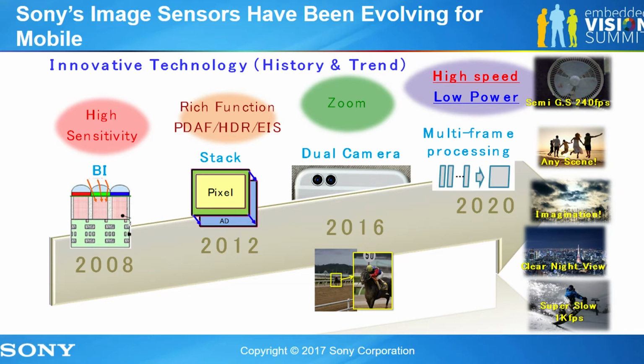Foreseeing the next step, maybe in the near future, the 2020 timeframe, we expect to enable much more exciting features like a 240 frames per second global shutter image sensor without any focal plane distortion, or capturing scenes even in a very dark night shot, or crazy super slow motion videos at around 1,000 frames per second.